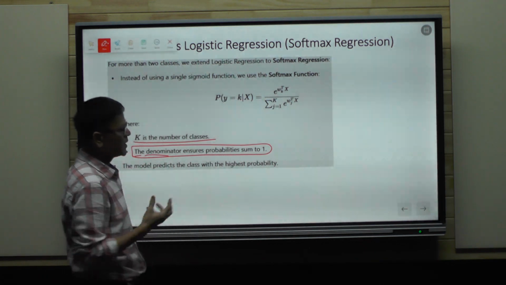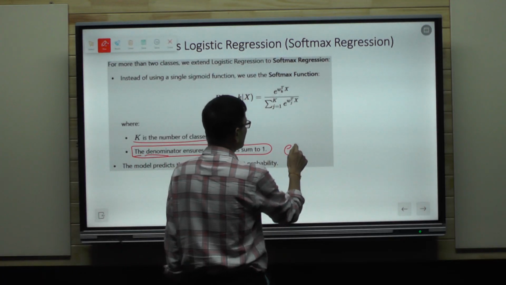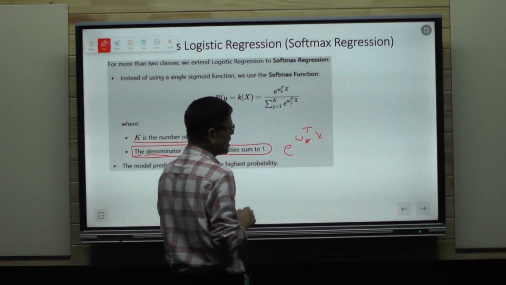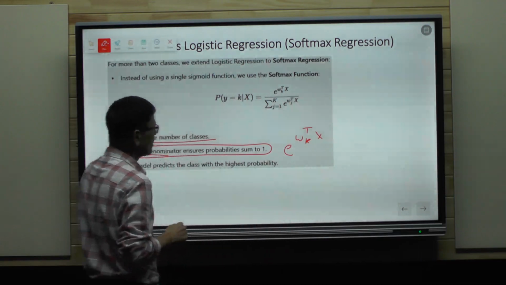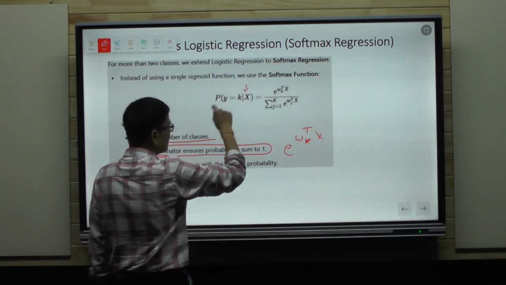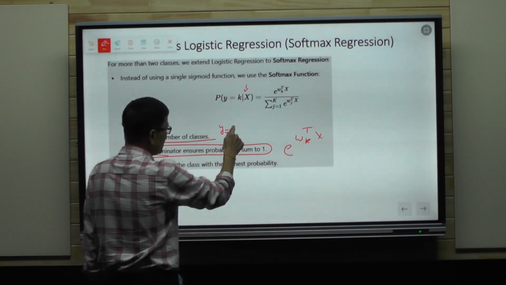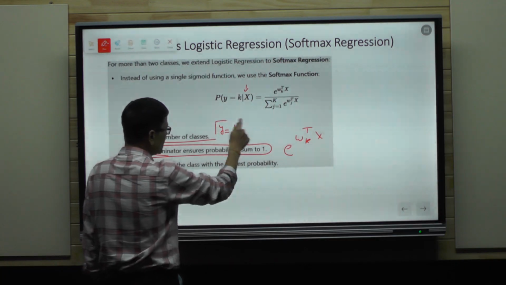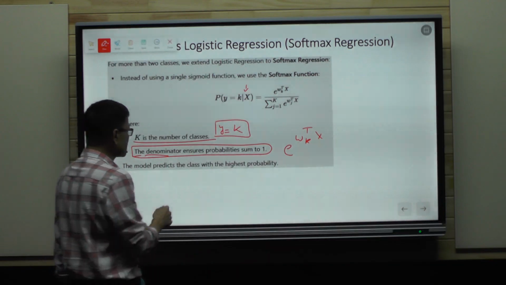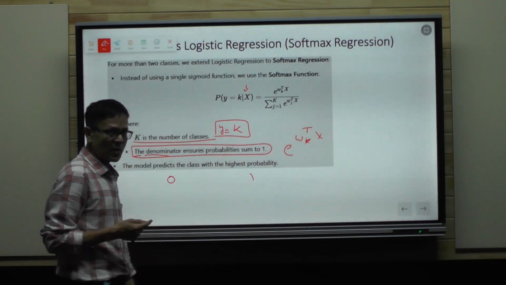Now let's decode this formula. So let's say e to the power w_k transpose x has been computed, okay, for all the inputs available, for the class probability belonging to k. So y is k. So k can take various values in the range. Like suppose that we have 0 to 1 as the maximum range of the probability.